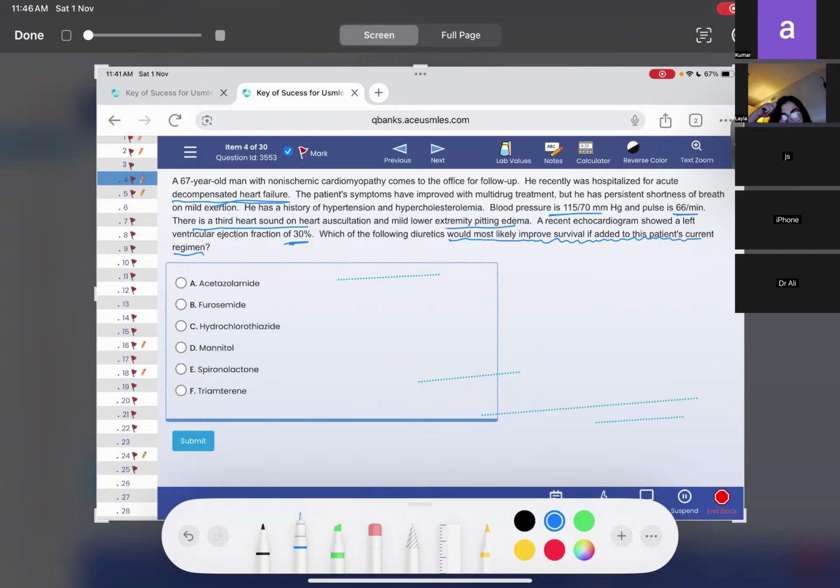Which one of the following diuretics will most likely improve survival if added to the patient's current regimen? Anyone?